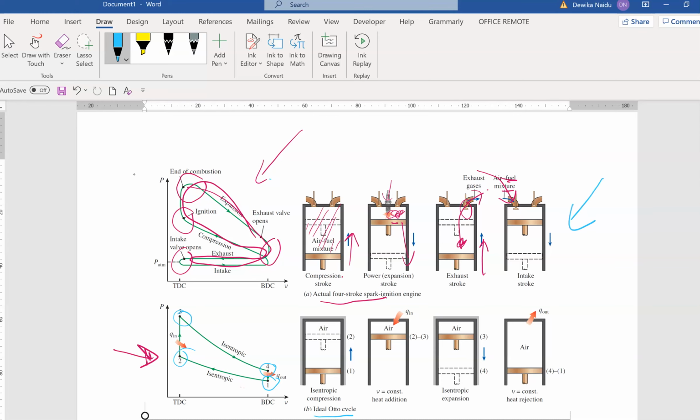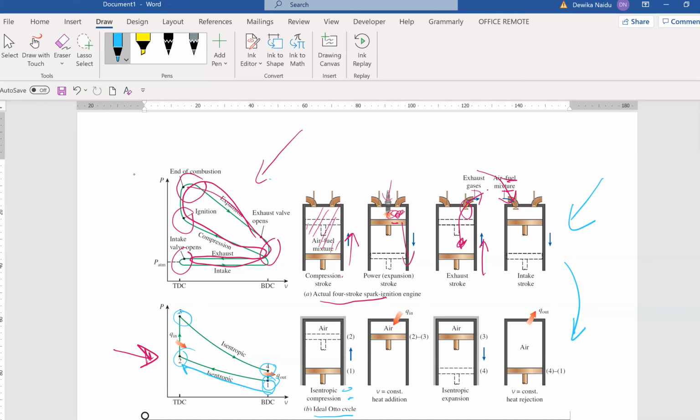It's actually this cycle, but we have just simplified it for you. The first process is isentropic compression. What is isentropic? Your S is constant. When you compress from 1 to 2, the pressure will start increasing.